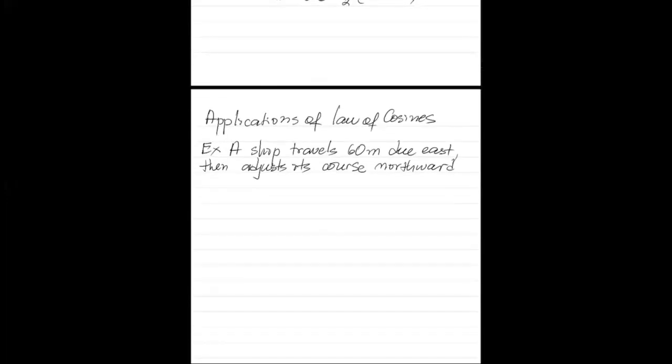A ship travels 60 miles due east, then adjusts its course northward.